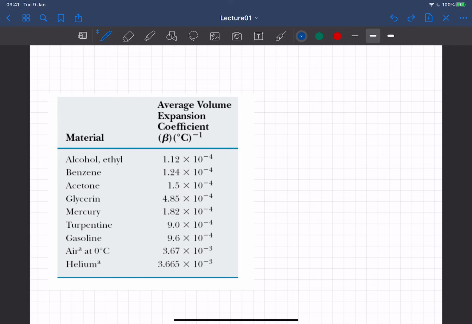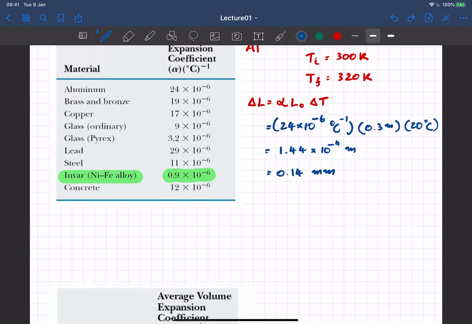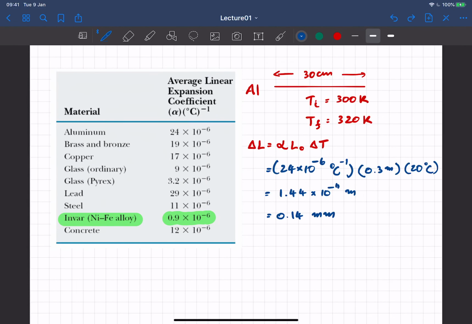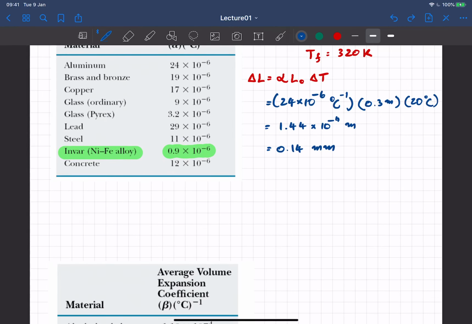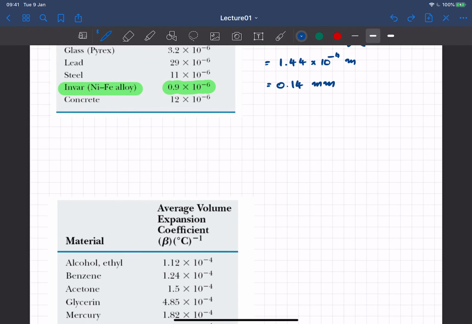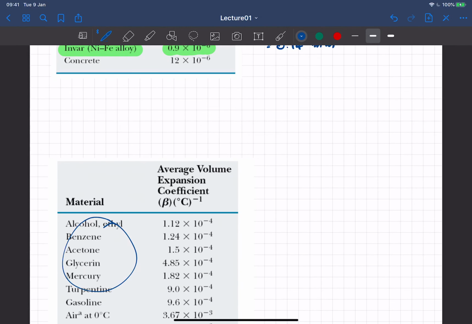It can be shown that if you know the linear expansion coefficient, you can calculate the volume expansion coefficient or the area coefficient for that material. It might not be quite appropriate for this table because these are liquid anyway.